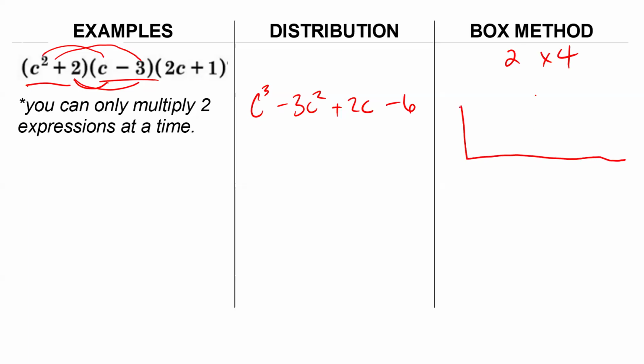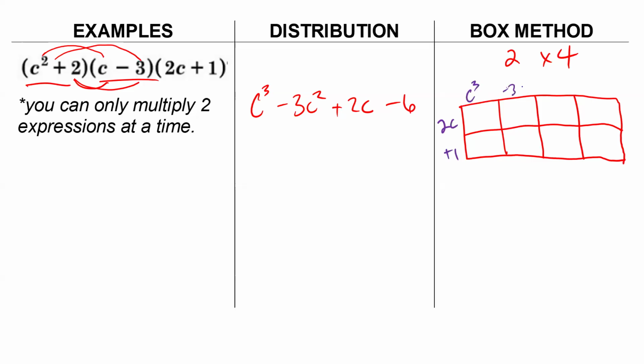So switching to the box, just to show some diversity in our notes. My binomial is 2c and a +1. My polynomial is c to the third, -3c squared, 2c, and -6. And all we're doing is filling in. Got it?